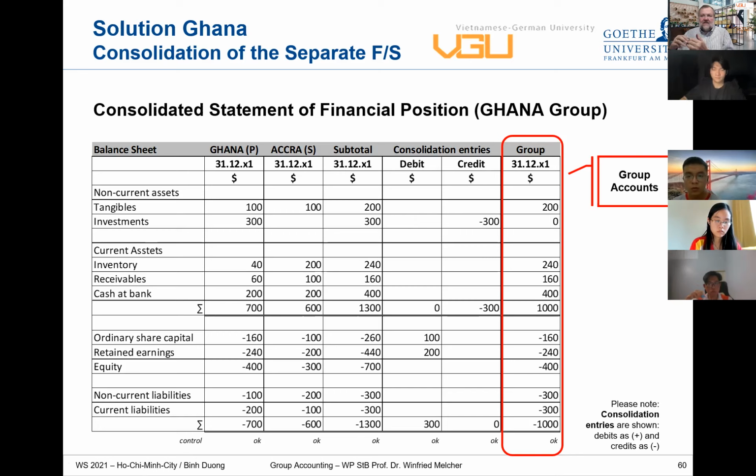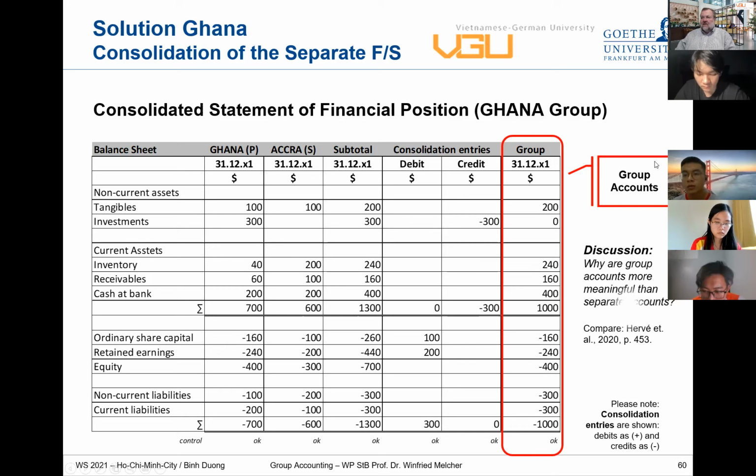In practice, of course, this will be done by a computer, and the computer will then perform all the consolidation entries based on the accountant's instructions. And in the end, you will have the group accounts.